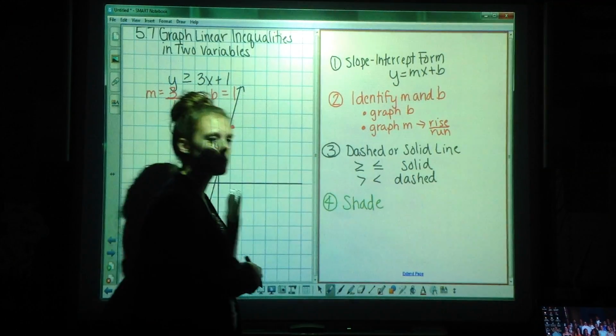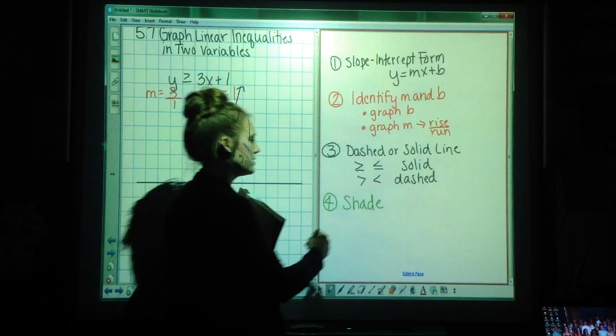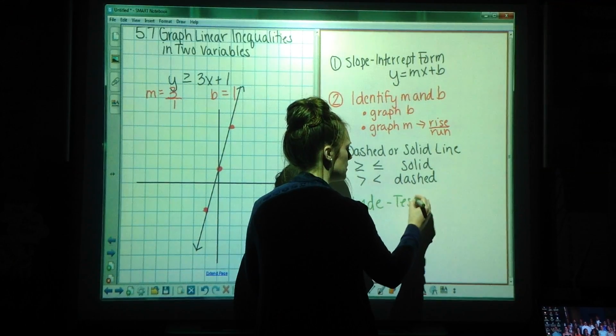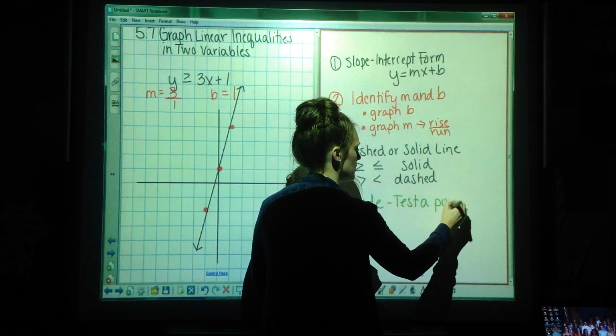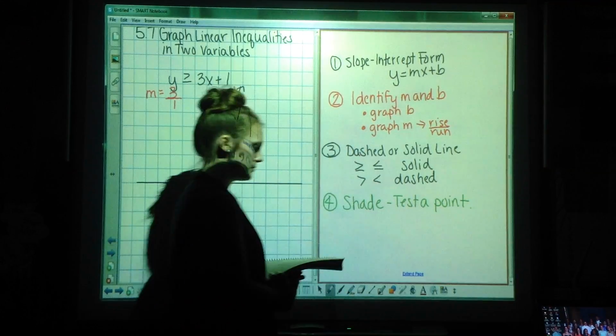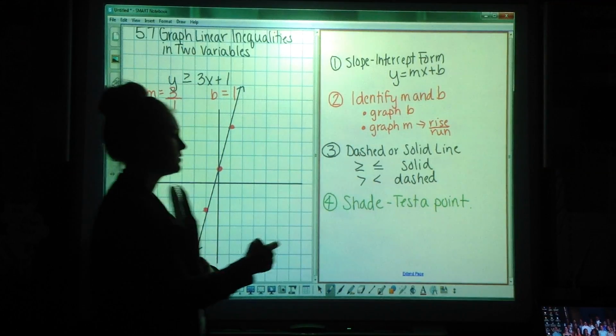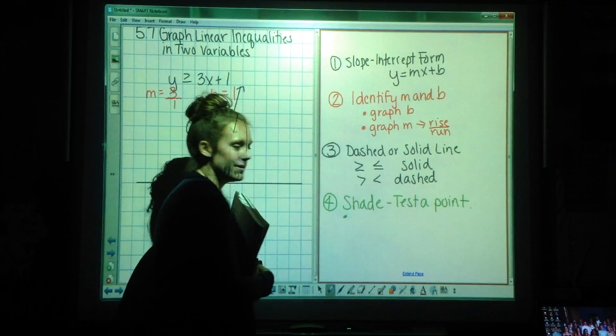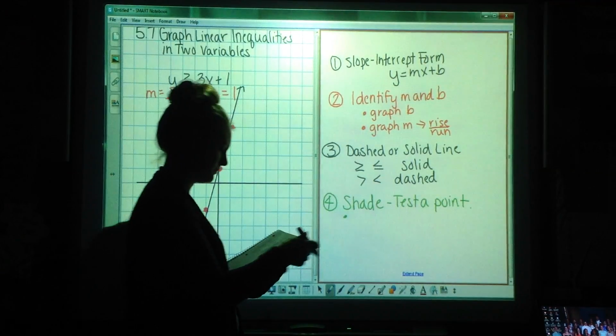And to figure out which side you shade, you're going to test a point. So pick any ordered pair not on your line.